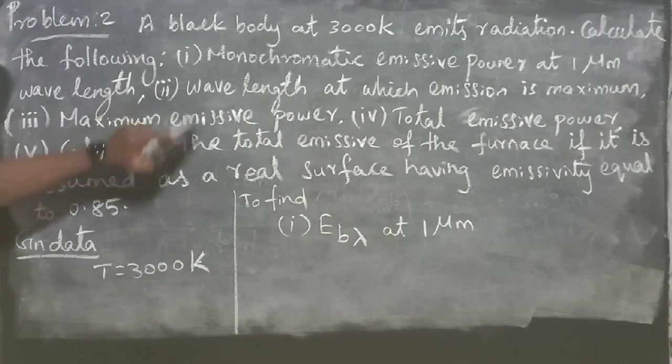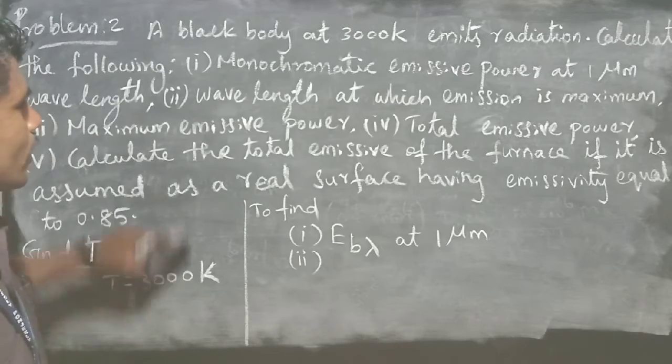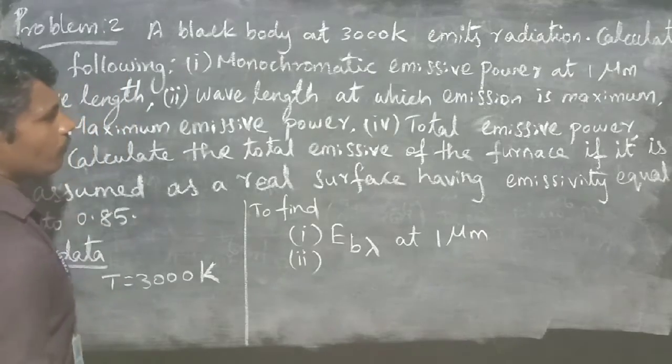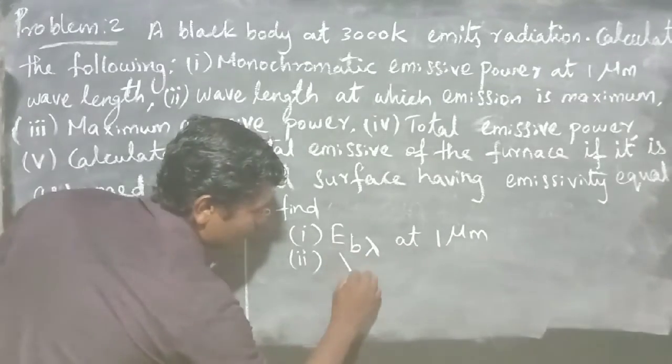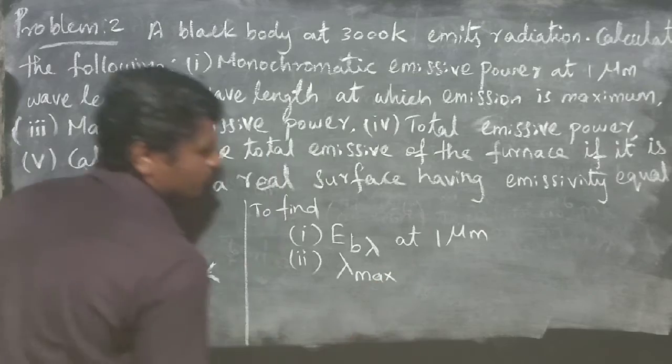Then, second one, the wavelength at which emission is maximum. We need to find the wavelength at which emission is maximum, so the maximum wavelength.